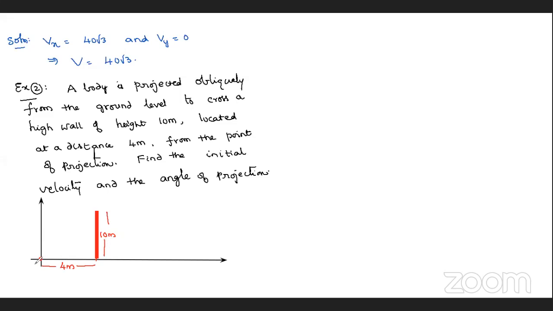Now he has to project one body just to cross this wall. Just to cross this wall means he has to project like this. Suppose one body is projected like this.